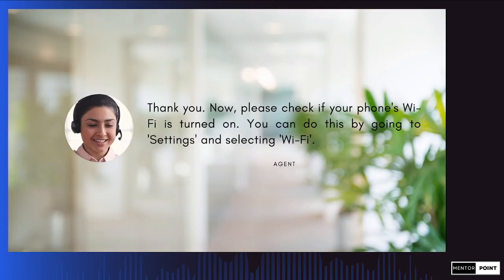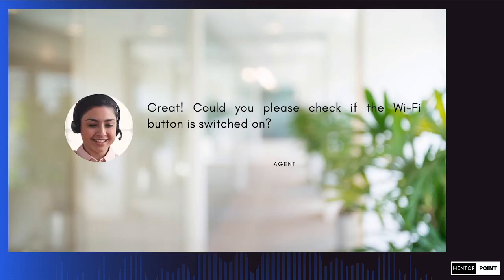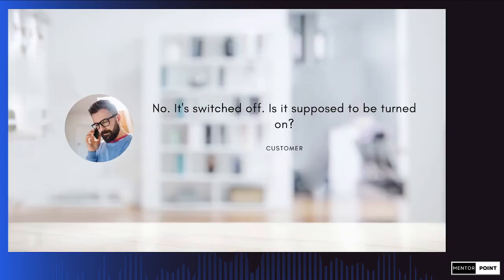Thank you. Now, please check if your phone's Wi-Fi is turned on. You can do this by going to Settings and selecting Wi-Fi. Okay, I'm on the Wi-Fi page. What's next? Great. Could you please check if the Wi-Fi button is switched on? No, it's switched off. Is it supposed to be turned on?